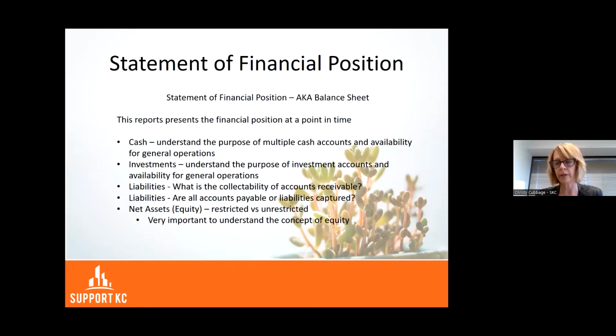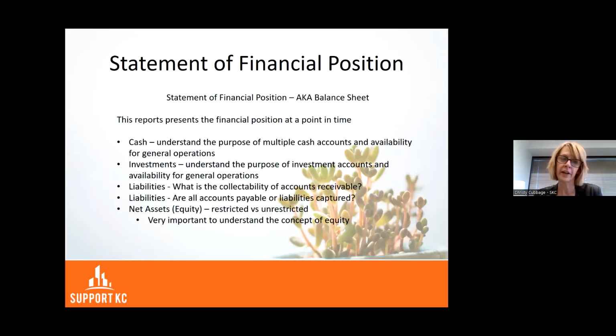So that's why a lot of times we'll do a statement of financial position and show the prior year so that you can see what changes. So that's where it accumulates everything that's happened over the life of the organization into this point in time.